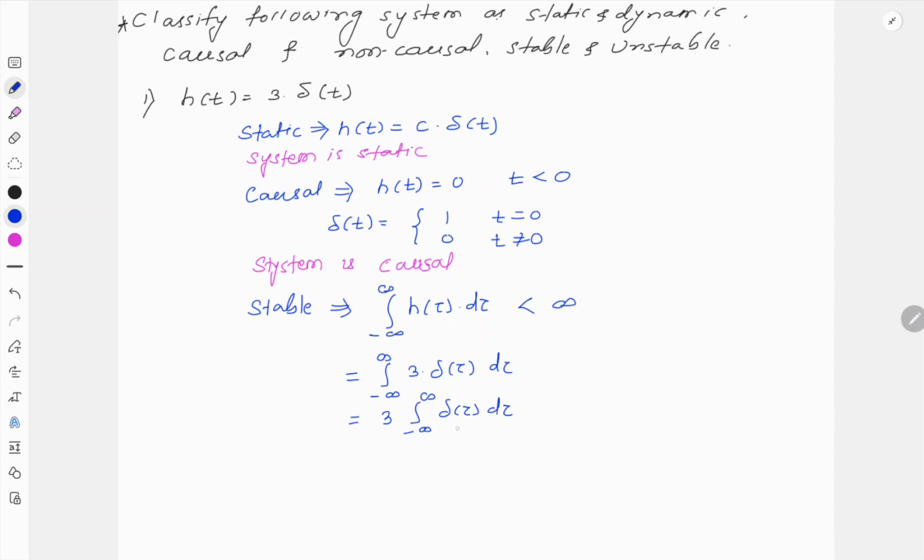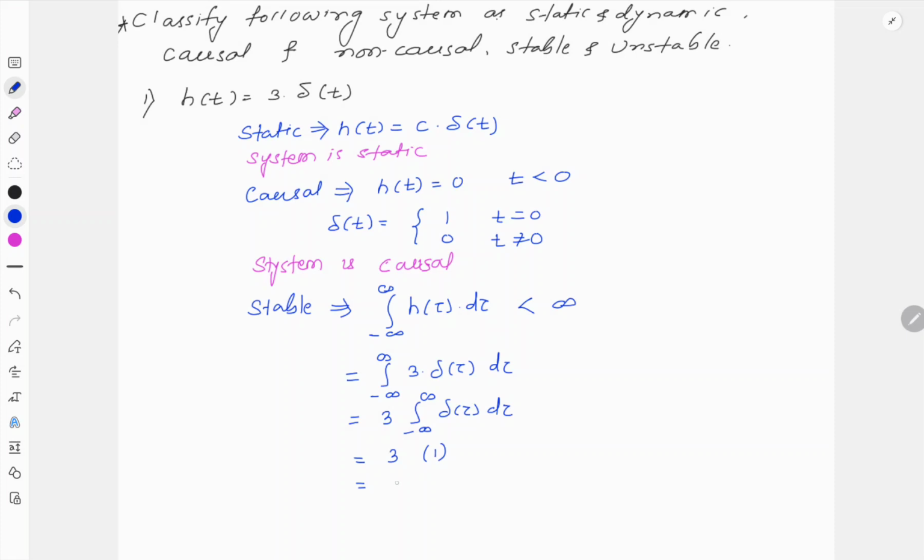Now this integration has only the delta tau function, which is an impulse function, and it exists only at a single point, which is at the origin. Therefore this integration is evaluated as 3, and this delta tau exists only at 0, so its value is 1.